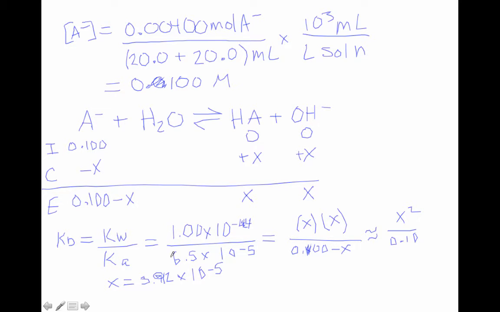We can calculate the pH using 14 minus the pOH, where the pOH is the negative of the log base 10 of the hydroxide concentration. The hydroxide concentration then is the 3.9, that should only have 2 sig figs, times 10^-5.